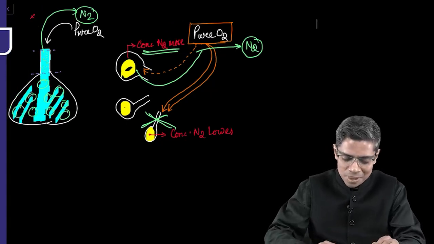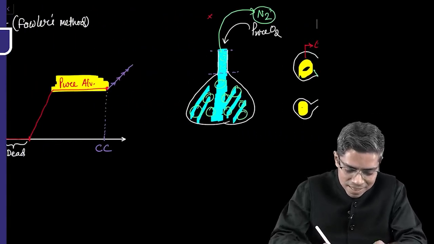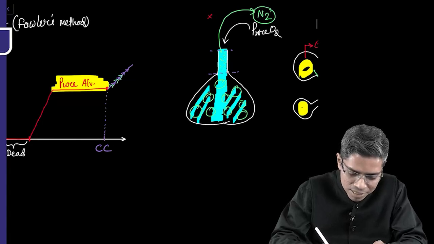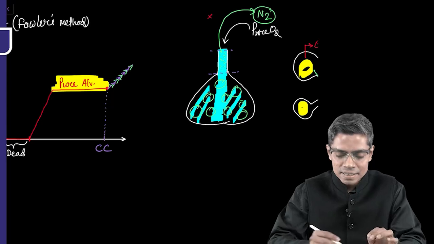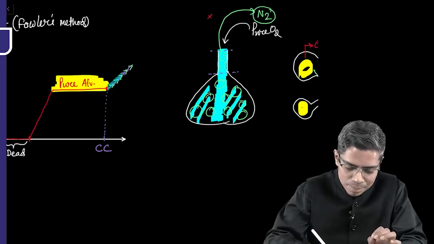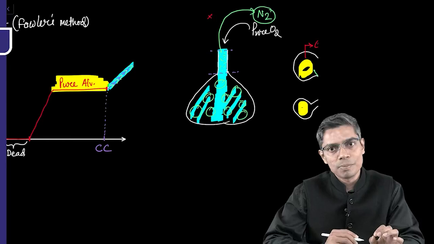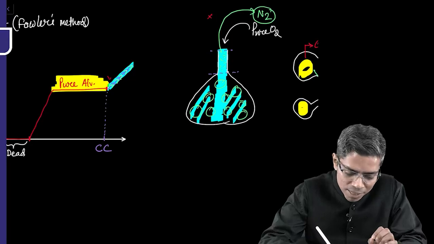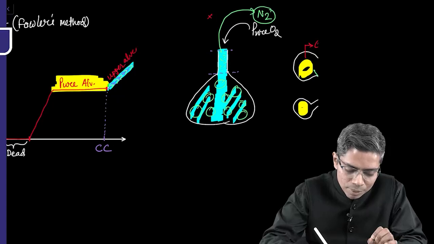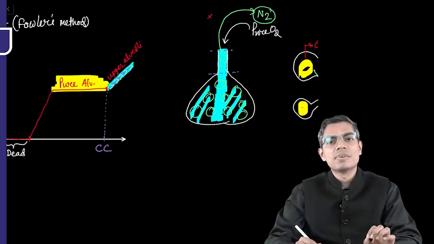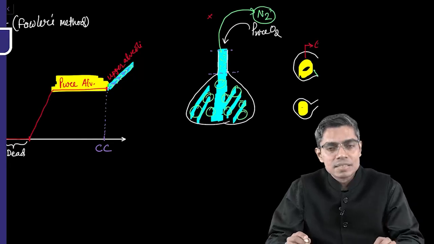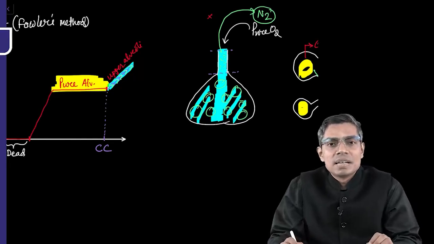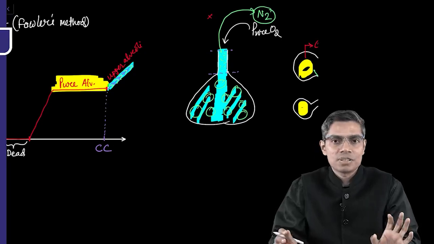That means whenever you get that sudden rise of nitrogen concentration in the expiratory air, it indicates that the basal alveoli are closed off and the air is coming from the upper part of the alveoli, which contain more nitrogen because of less dilution with oxygen.